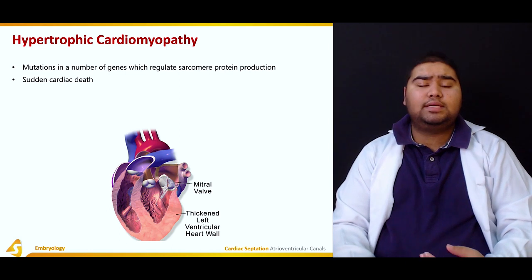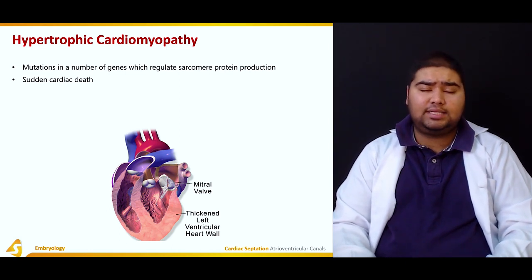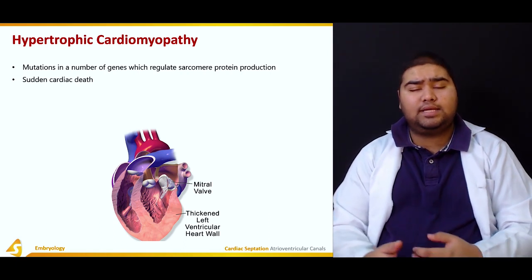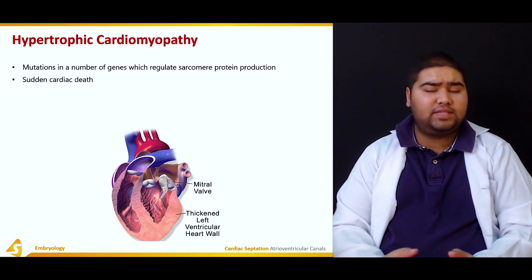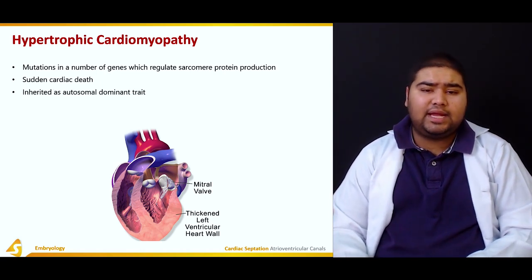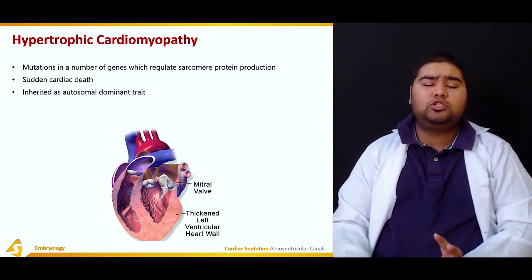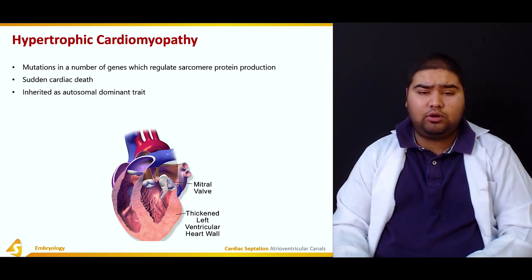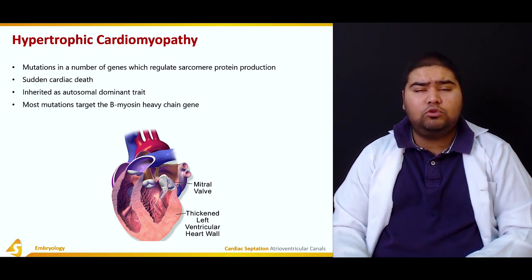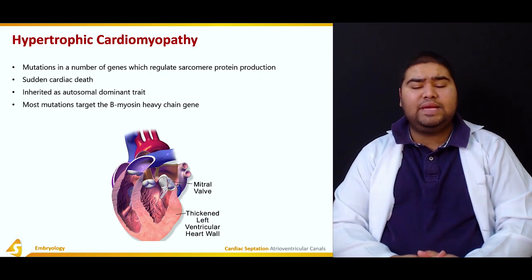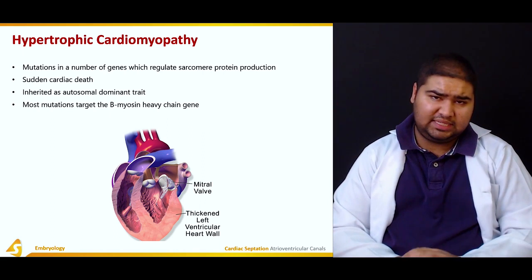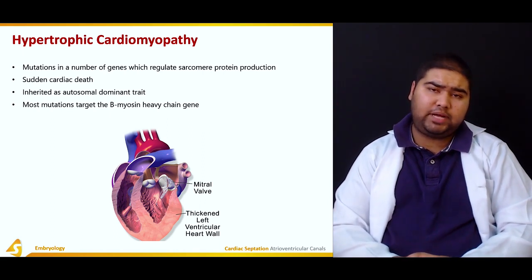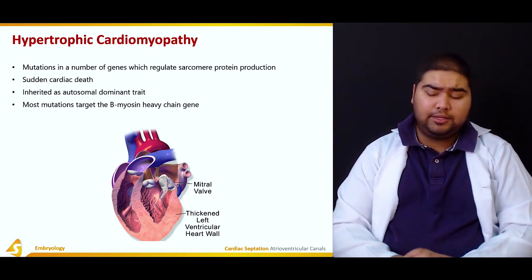It can cause sudden cardiac death, especially in athletes, because in this condition, the more a heart is used, the more it is at risk of sudden cardiac death. It is inherited as an autosomal dominant trait, that is, males are more commonly affected. Most mutations target the beta-myosin heavy chain gene. This is the most common mutation.